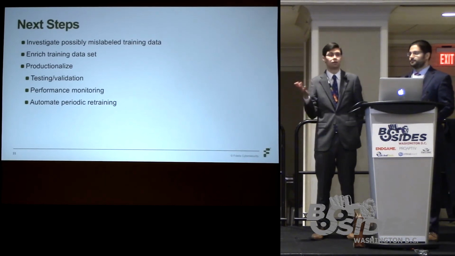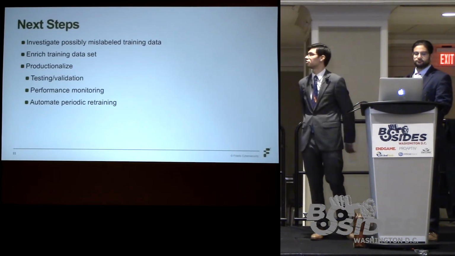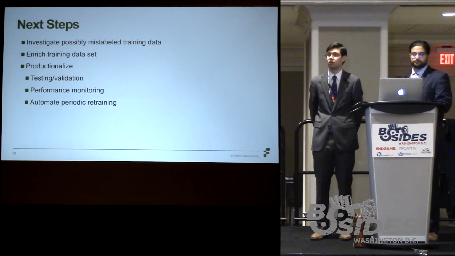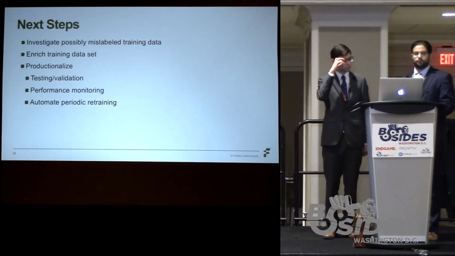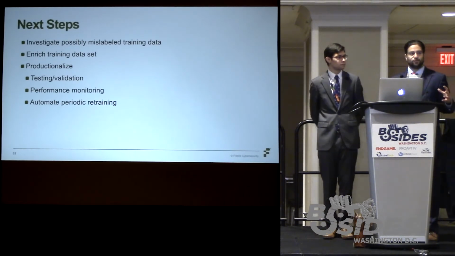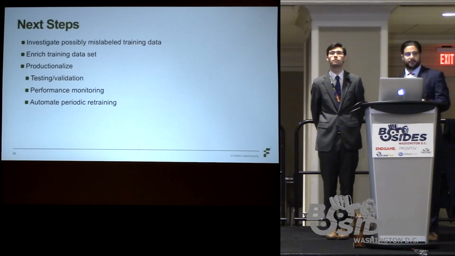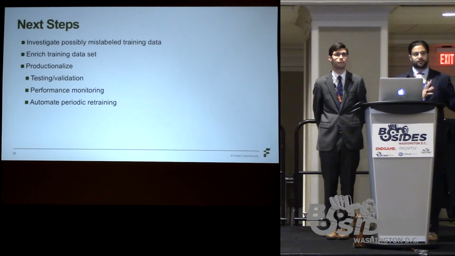An important thing here is to monitor performance, and set up infrastructure for automatically monitoring this classifier and doing periodic training if need be. If you're using machine learning and you have a model, that model is making inferences based on the training data it had.